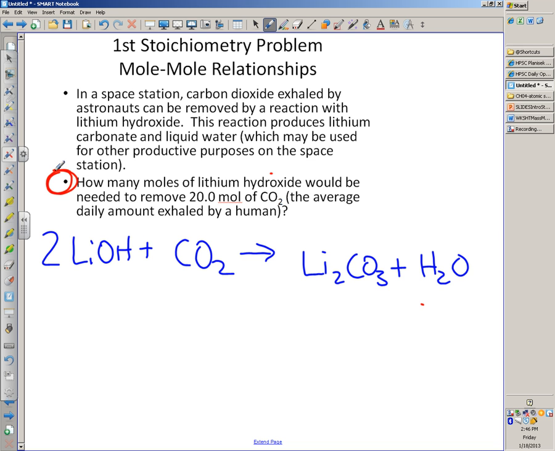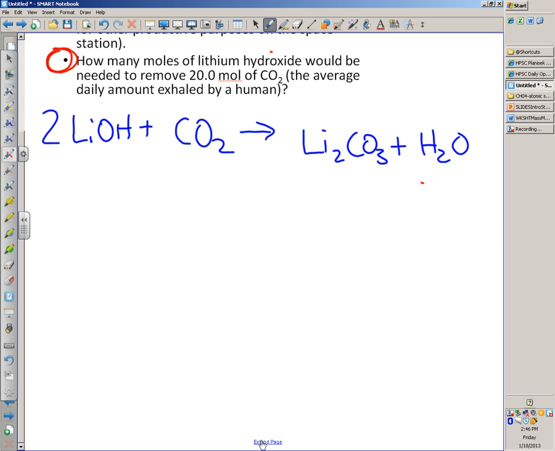All right. So as far as this problem goes, what did they give us to start with? What number, what measurement did they give us to start with? 20 moles of what? CO2. What is this problem asking you to figure out? Of what? Not carbon dioxide.